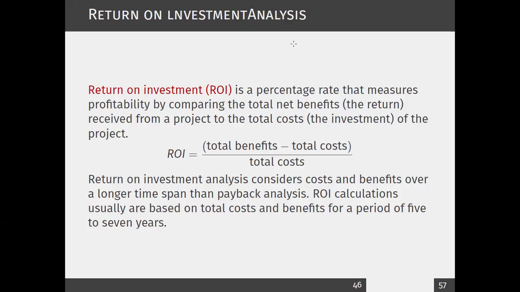This is known as return on investment, ROI. It looks at cost and benefits over a longer period of time. The payback period is the place where you actually meet the cost and the benefits, but in this case, you can look at the total cost and the benefits.